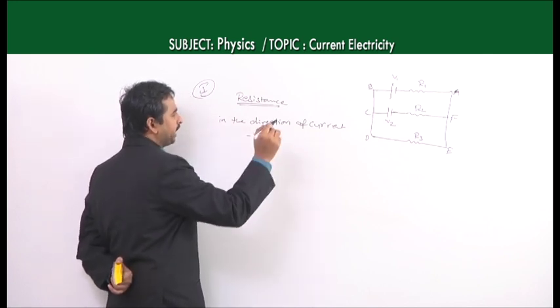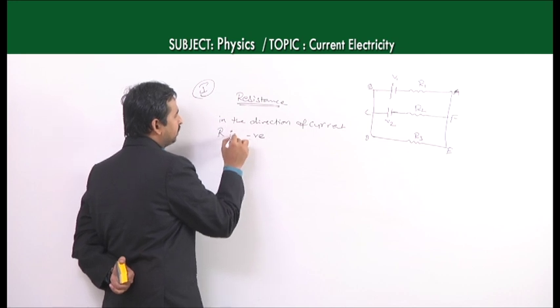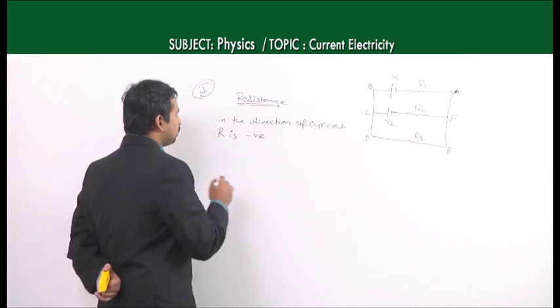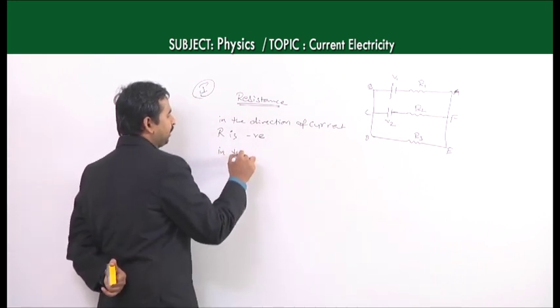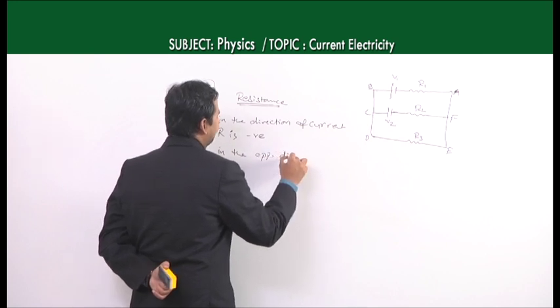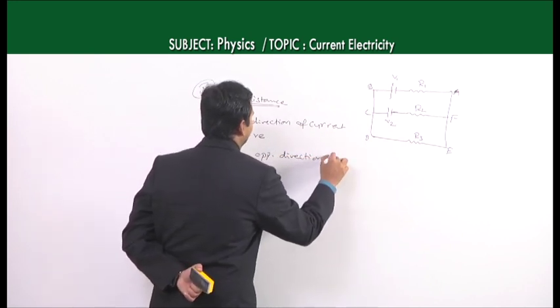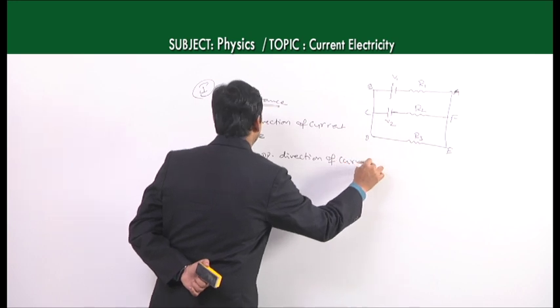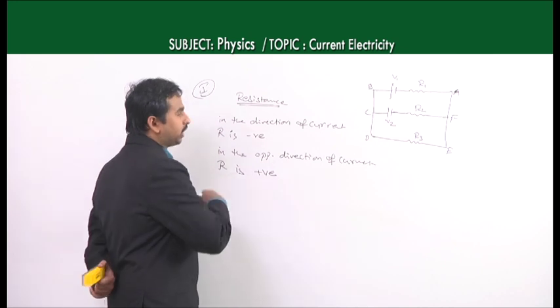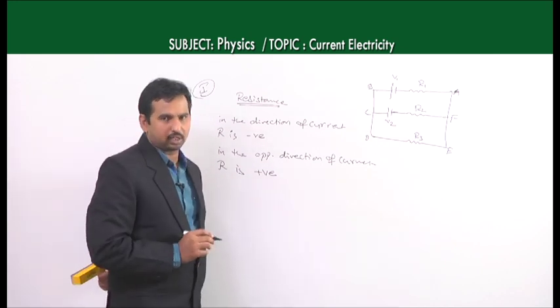So in the direction of current, R is negative. And if you are going in the opposite direction of current, in this case R is taken as positive, because the resistance also opposes the current.